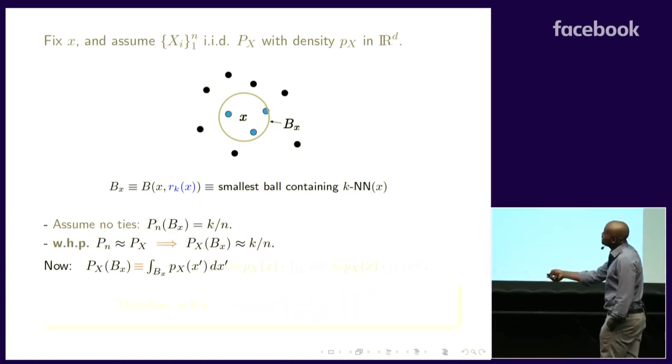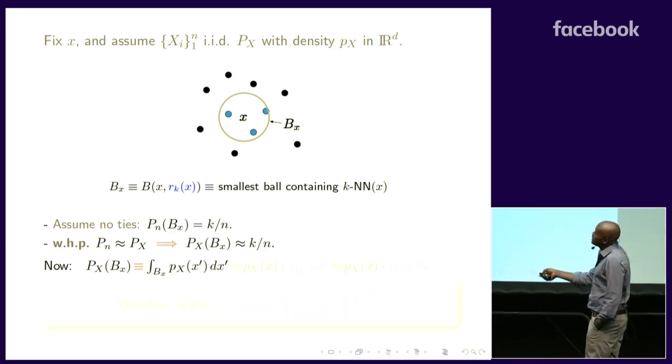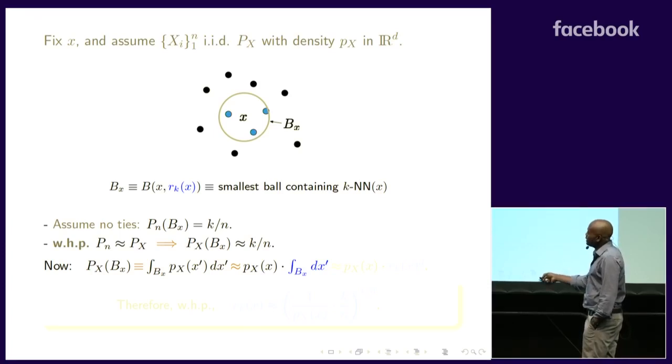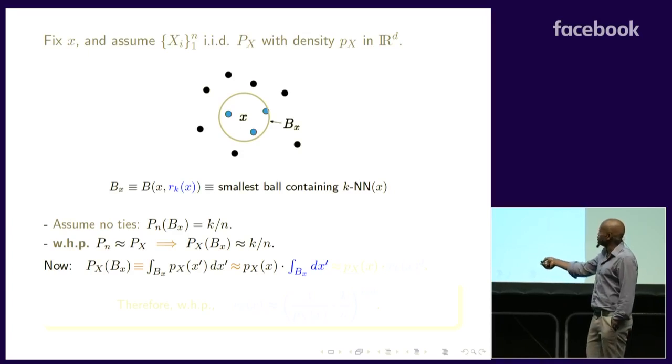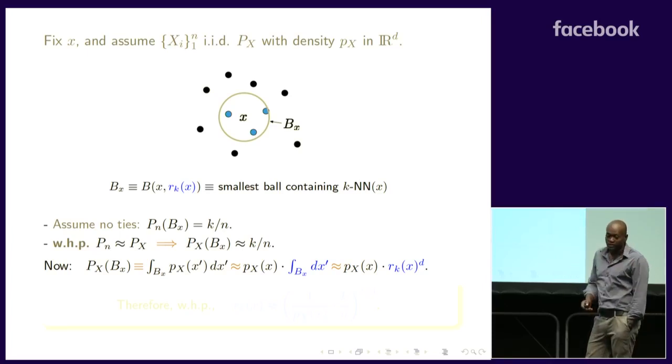Now suppose the ball is small, and the density is not changing too much. Then px of x prime is essentially px of x, and I can pull it out. So px of Bx is just px of x times the volume of the ball in Rd. The ball is of radius Rk, so its volume is approximately Rk of x to the d, where d is the dimension of the space.